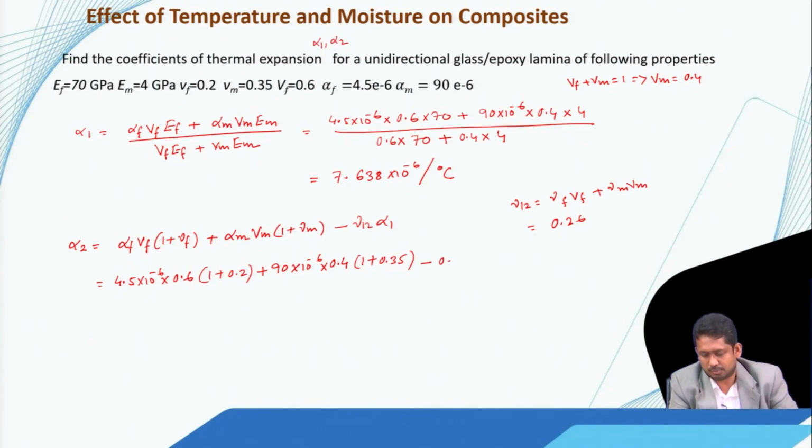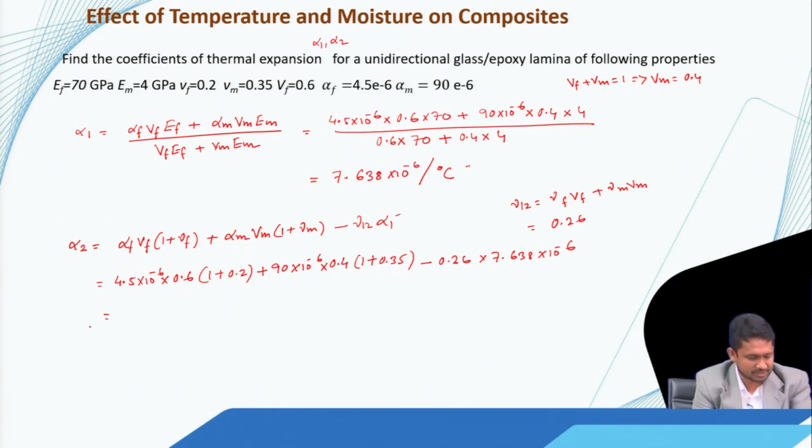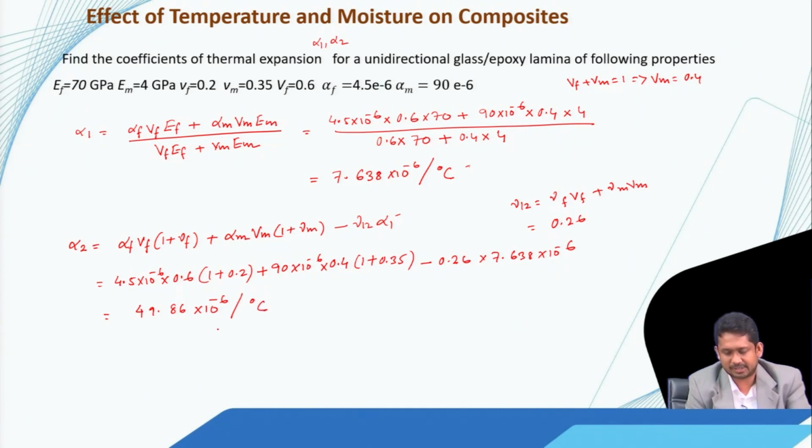So, here we have 0.26, and alpha 1 is whatever we have found here, so multiplied by 7.638 into 10 to the power minus 6. Then if we do the calculations, finally the value comes out to be 49.86 into 10 to the power minus 6 per degree centigrade.